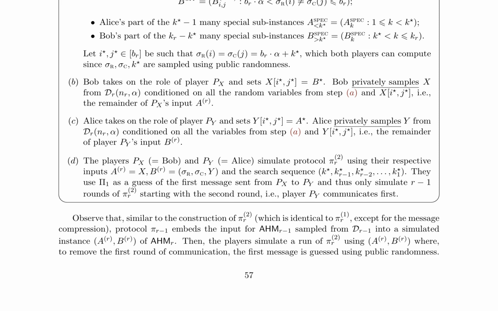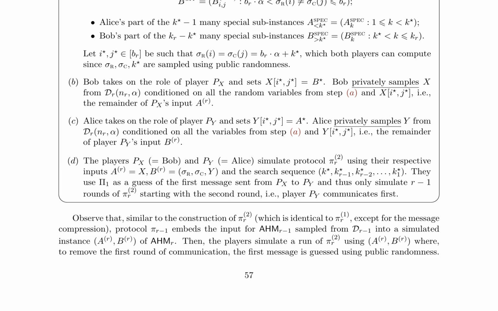Alice privately samples Y from D-R, N-R, alpha, conditioned on all the variables from step A, and Y, I star, J star, D. The players PX, equals Bob, and PY, equals Alice, simulate protocol pi 2 R using their respective inputs A-R equals X, B-R equals sigma R, sigma C, Y, and the search sequence K star, R-1, K star, R-2, K star, 1.